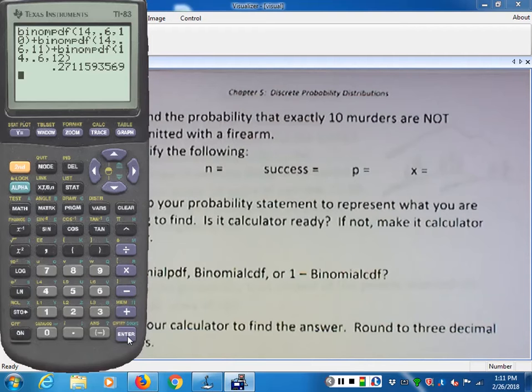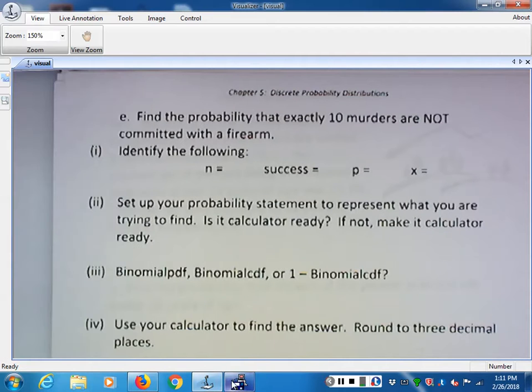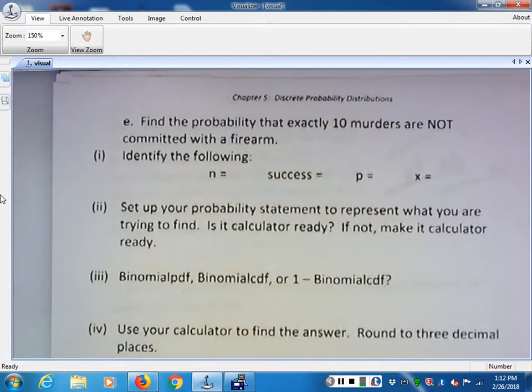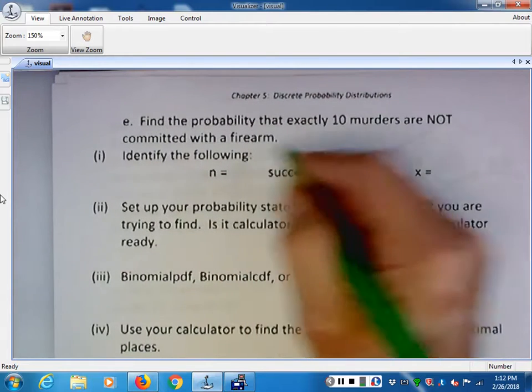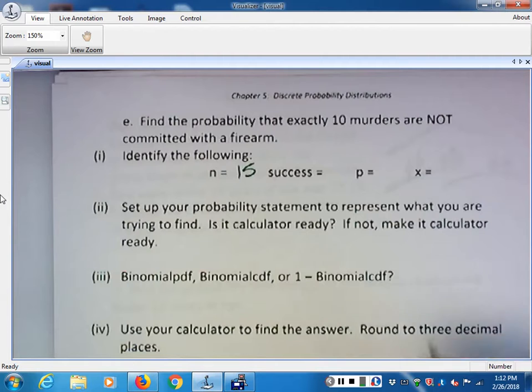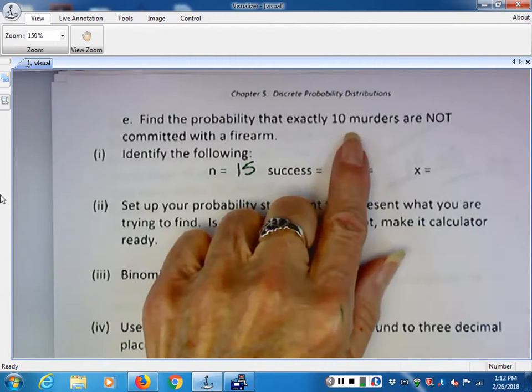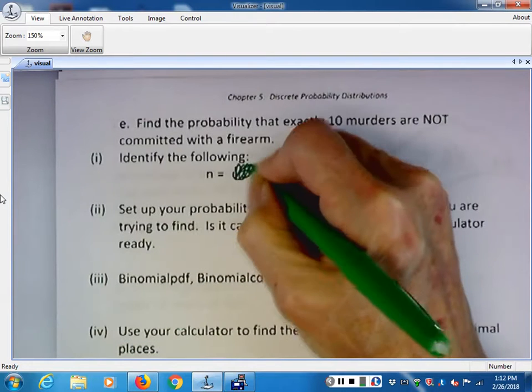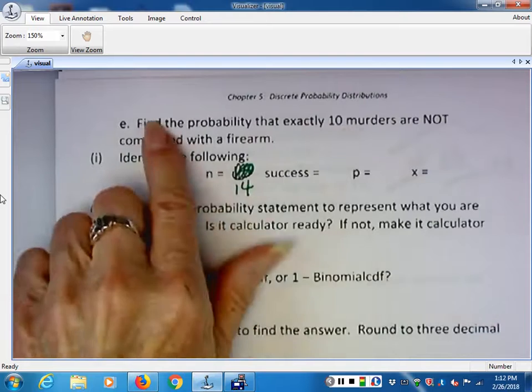Okay, we're still working with the same probabilities, the same successes and failures. So we have 14. Sorry. Now read the statement carefully.